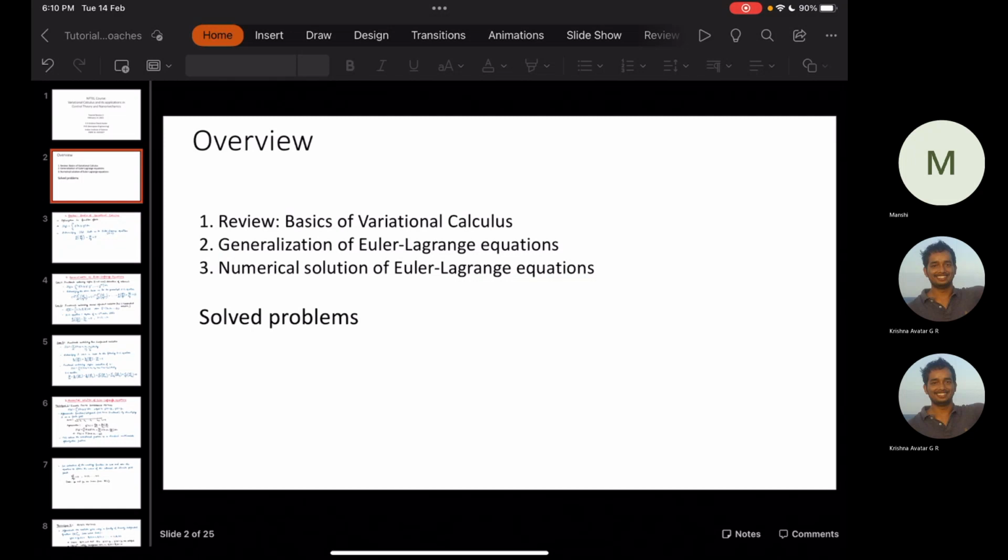Thereafter, I would be reviewing the techniques used for obtaining numerical solution of Euler-Lagrange equations. Thereafter, I would be following the discussion with a good number of solved problems in all these different aspects of variational calculus that are to be covered in today's session.